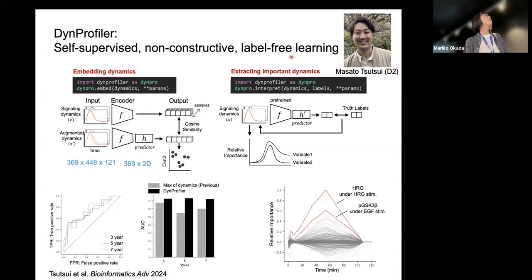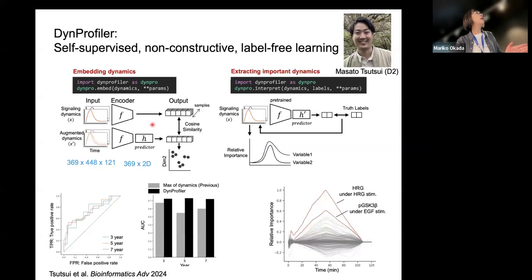It's called the DIM profiler. This encodes all the simulated dynamics obtained from the simulator, so including not only ARC or AKT, but we can get the dynamics of all the intermediate activities as well.